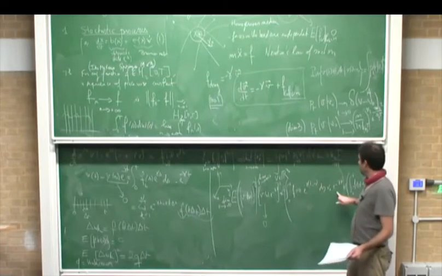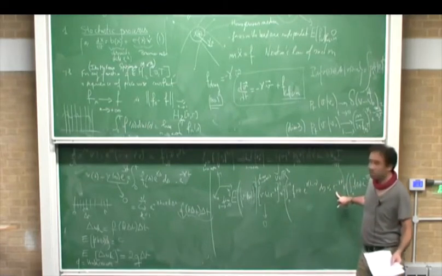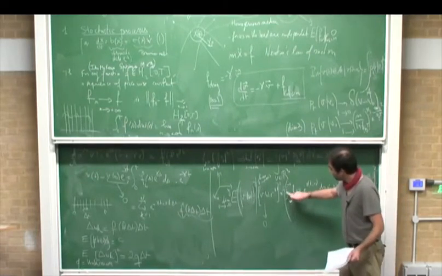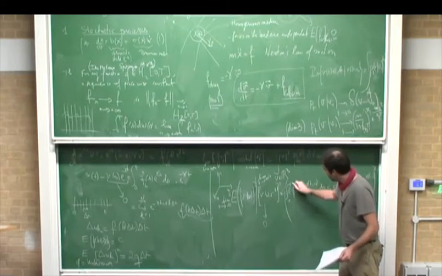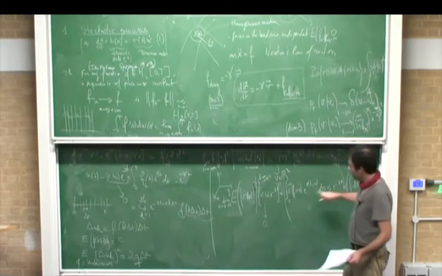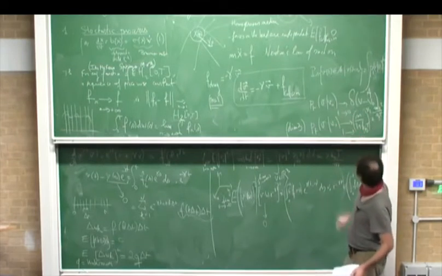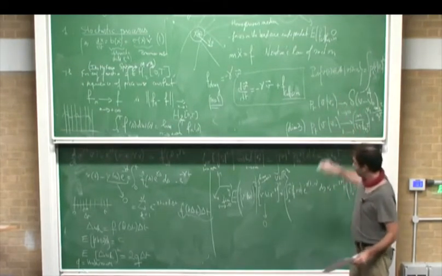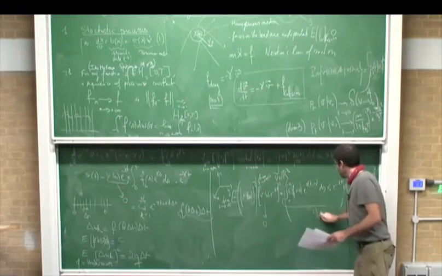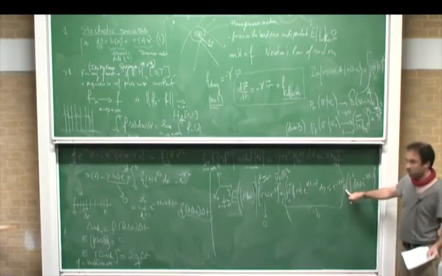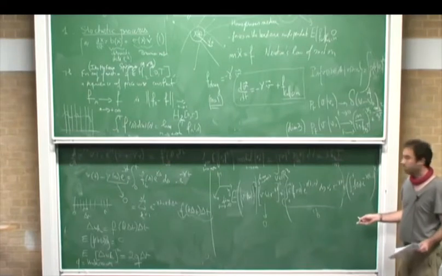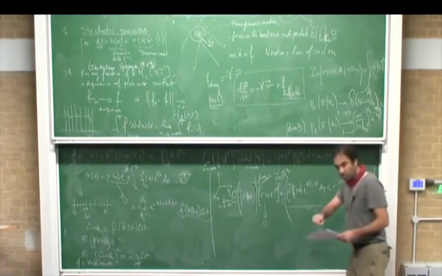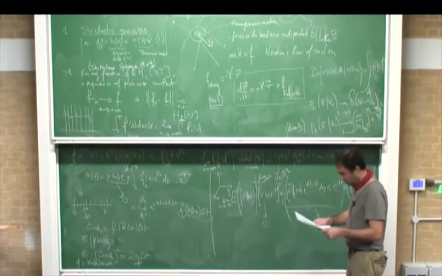What is the expectation of this term? 0, because the expectation of the integral is the integral of the expectation, this is deterministic, and the expectation of f of s, by definition, is 0. So everything is 0. Now what we need is to calculate the limit when t goes to infinity of this integral. Okay? Five more minutes and we are done.